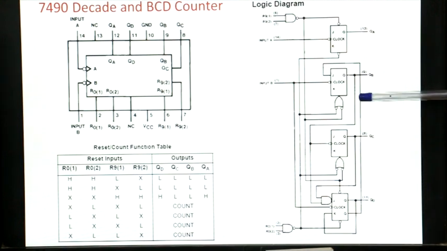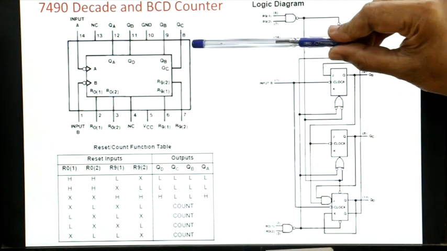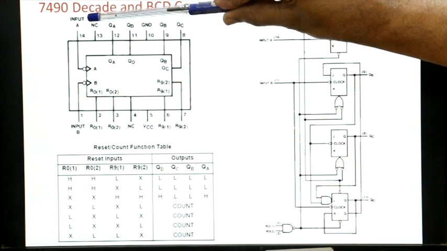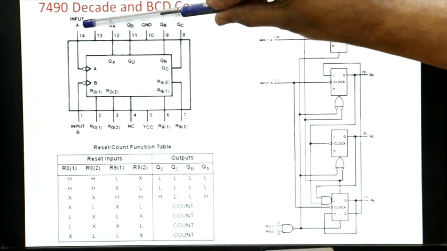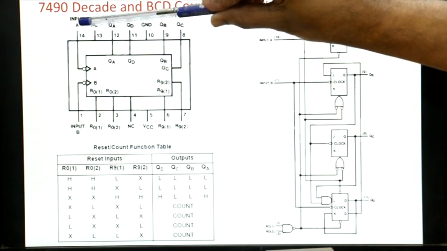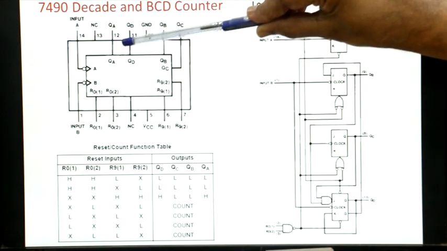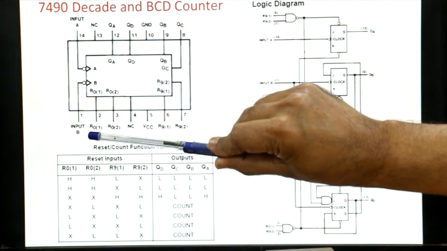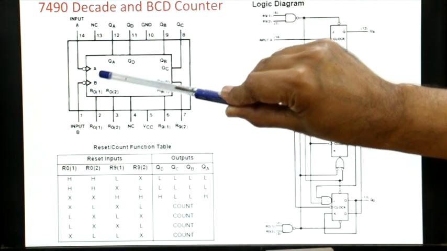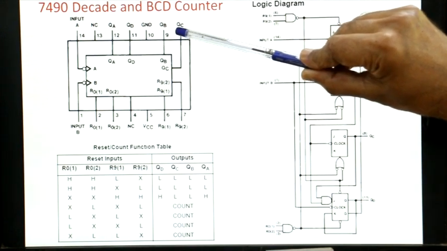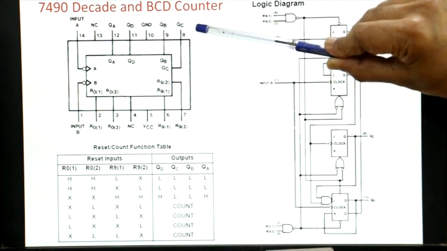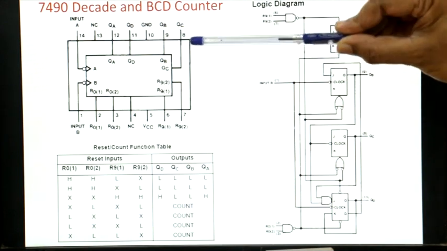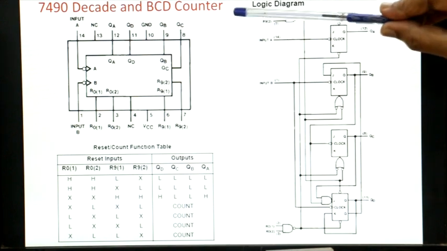There are 4 flip-flops here, and in the pinout there is an input A. So that is the first mode 2 counter, input A and QA. And there is an input B. So input B and the QB, QC, QD outputs put together make a mode 5 counter. By cascading these two, you get 2 kinds of modes of operation.